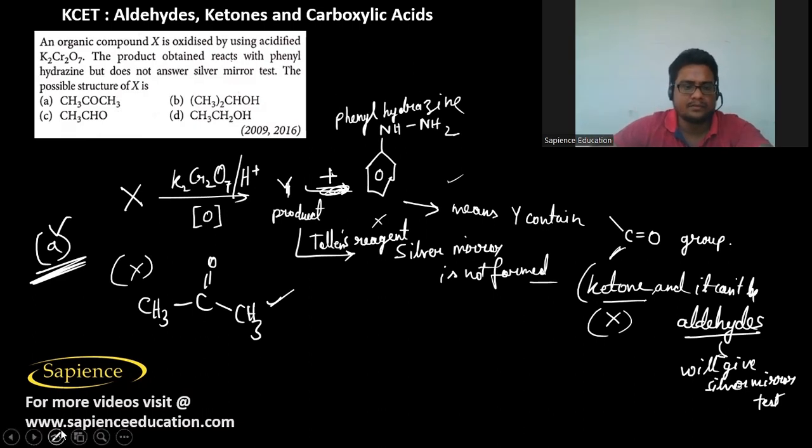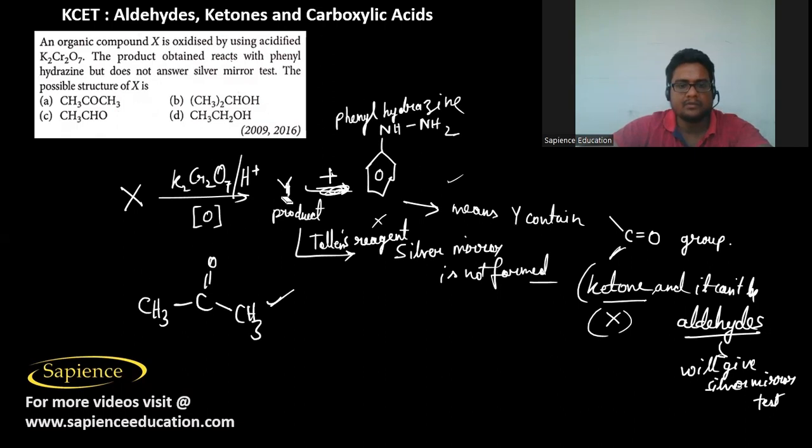No, sorry. Here it means the compound Y should be a ketone, which is CH3COCH3. So it means that on the oxidation of this compound X, the compound Y is produced. So the compound X should be a 2-degree alcohol.